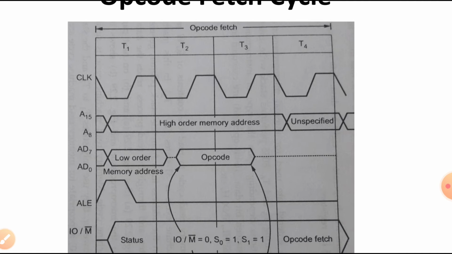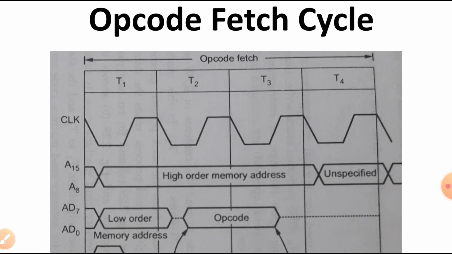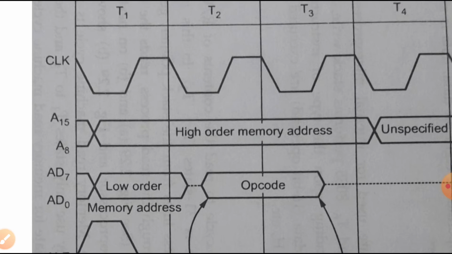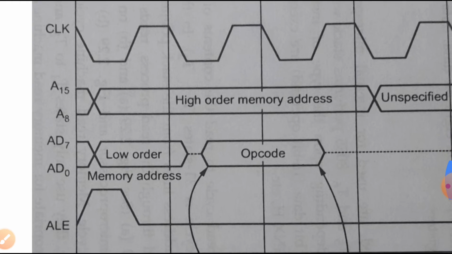So in step number 1, what happens in the T1 state? In the T1 state, 8085 places the content of the program counter on the address bus. The higher order byte of the program counter is placed on A8 to A15, and the lower byte of the program counter is loaded on AD0 to AD7.